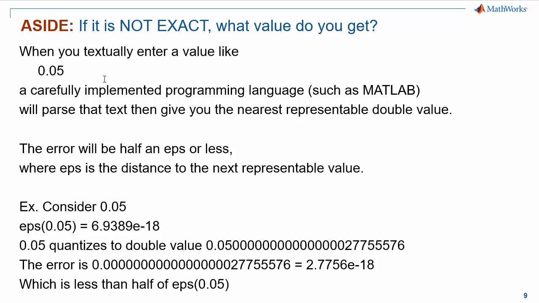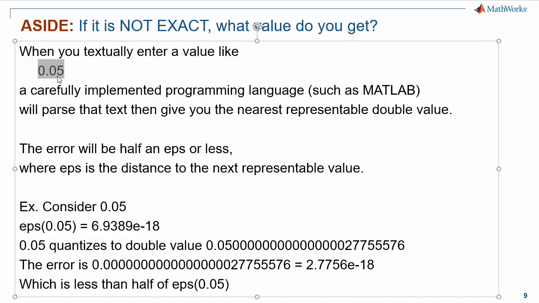As a result, doubles can represent two values that are very close to 0.05. To know how far apart these values are, we can get what's called the epsilon of 0.05, which is this value, 6 times 10 to the minus 18, a tiny value. And when a good program parses this 0.05, it will map it to the nearest representable double, and it will be no further away than half of this epsilon.